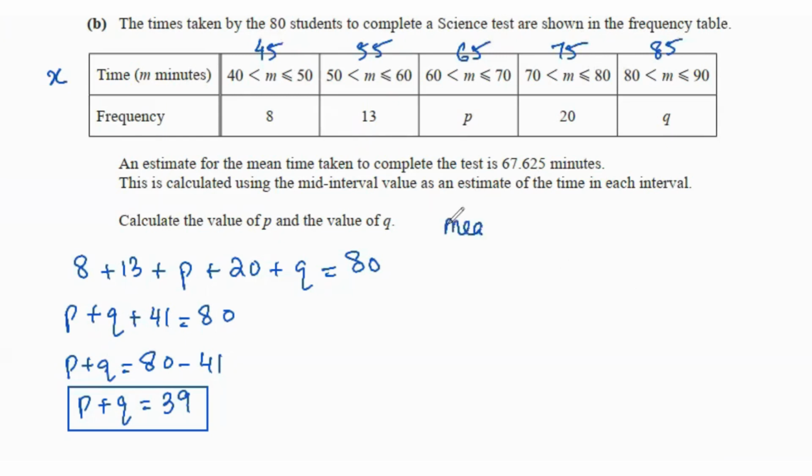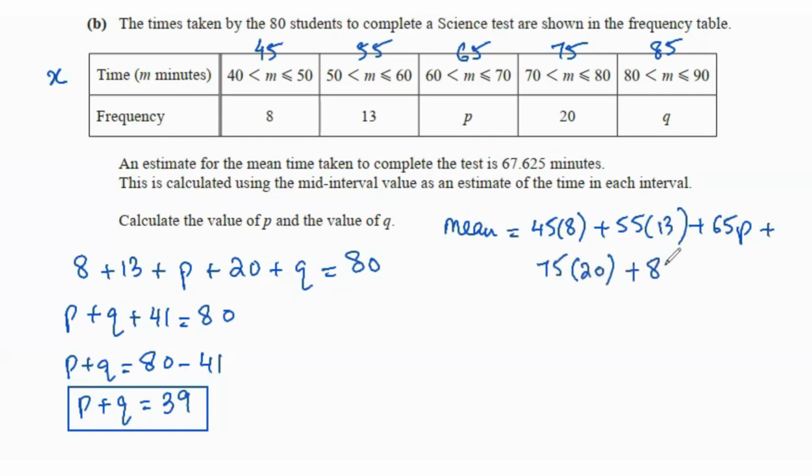So mean is going to be 45 times 8 plus 55 times 13 plus 65 times P plus 75 times 20 plus 85 Q, divided by the total frequency, which is 80. This is going to be equal to 67.625.